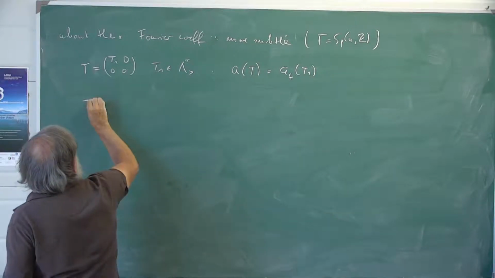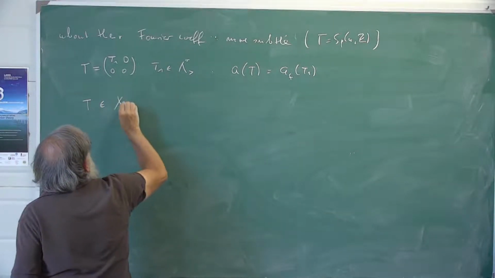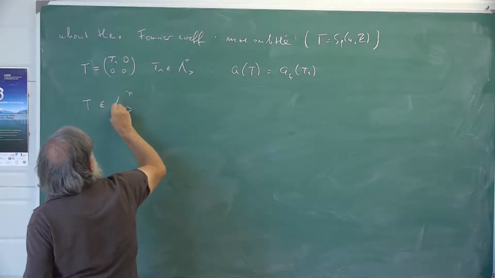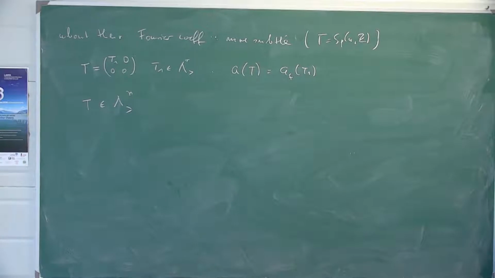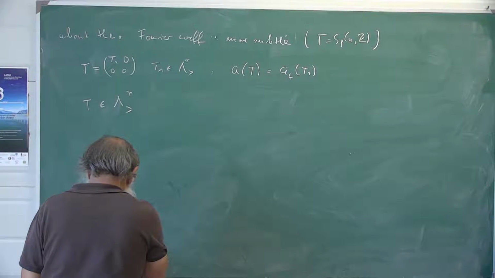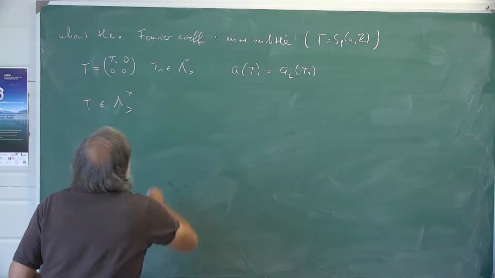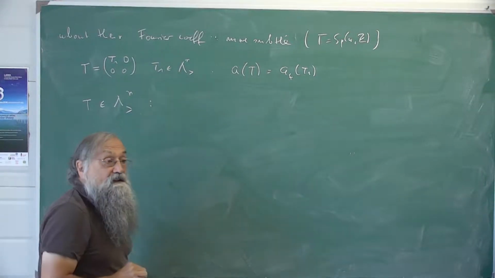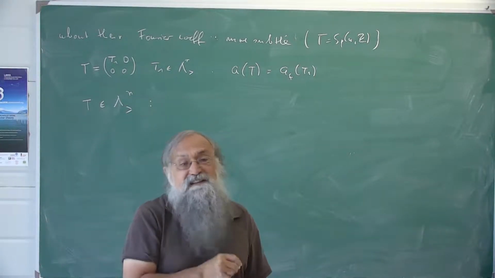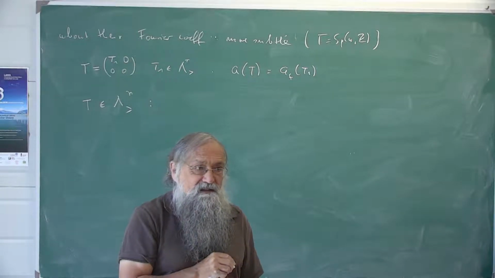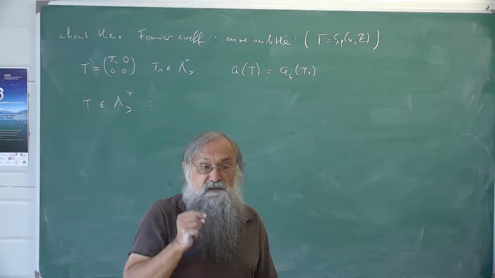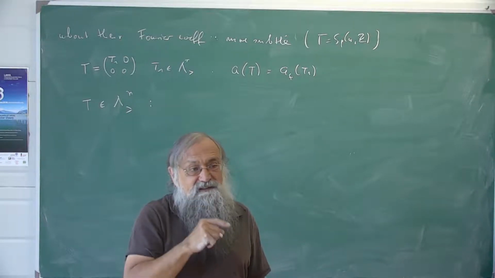But now let's take T to be in Lambda_n. First of all, it will be an infinite sum. It will be an ugly infinite sum, unless you assume that you start from a Hecke eigenform. When you start from a Hecke eigenform, you can write it in a nice way.